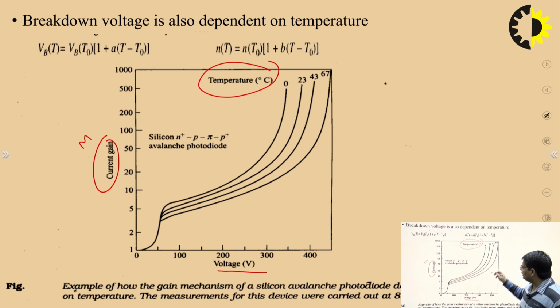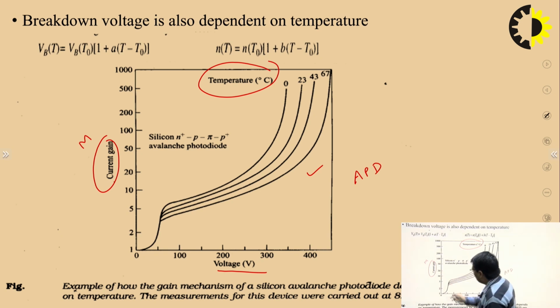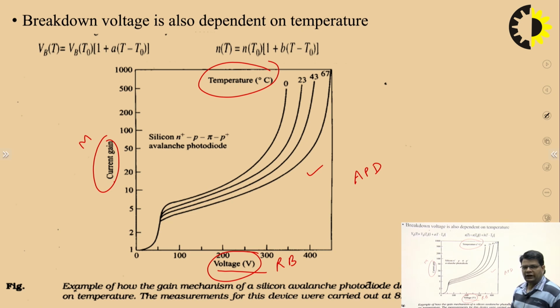From this characteristics graph for the APD diode, we can see that the current gain depends upon the applied reverse bias voltage and it also depends upon temperature conditions. So, to achieve a constant performance with respect to temperature, what we will do is use a compensating network or compensating circuit.